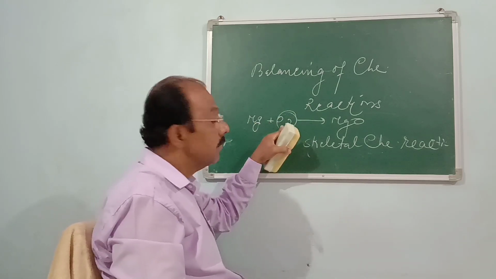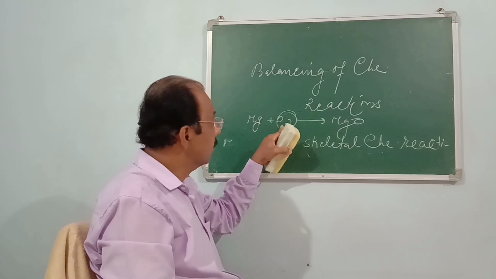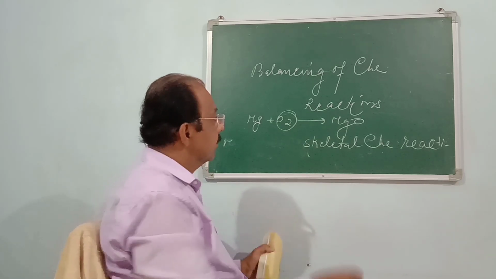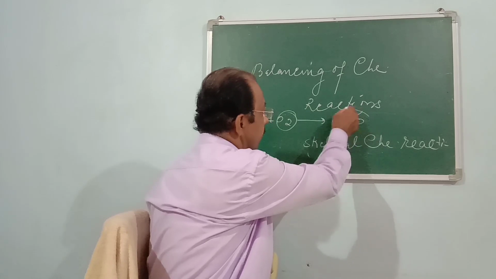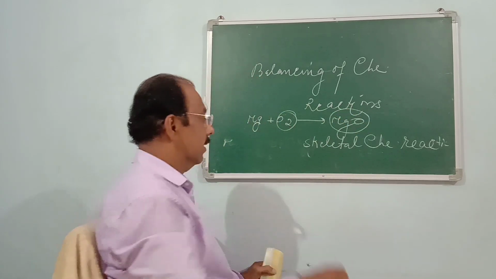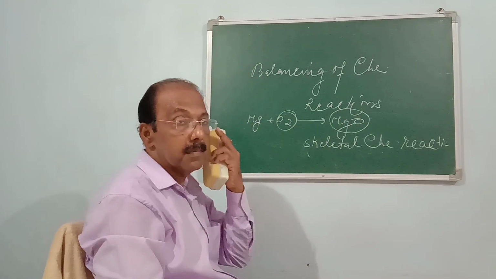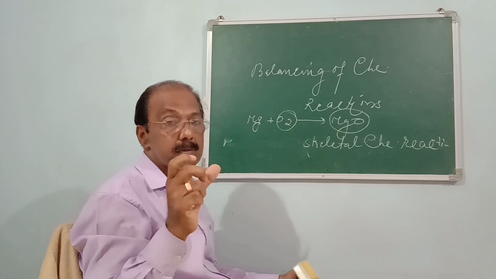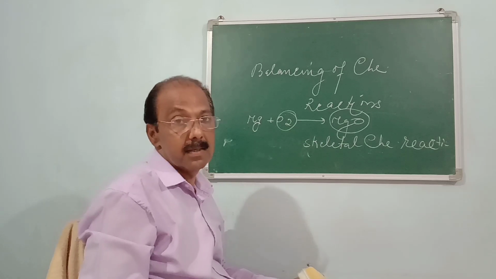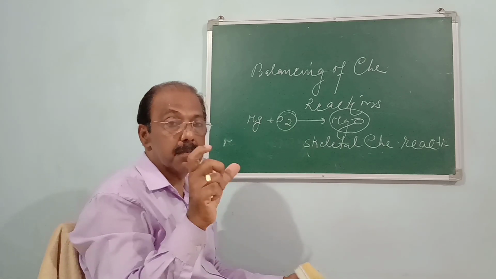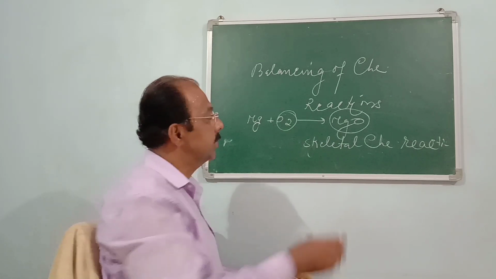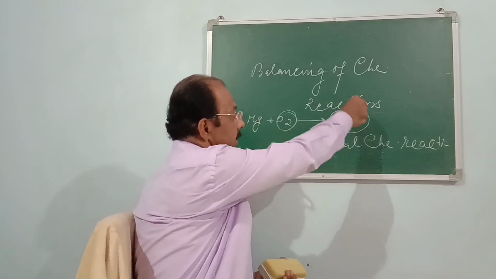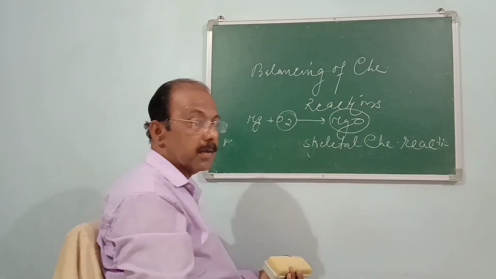So here we go to oxygen for balancing it first. But one thing you notice is that every chemical formula is formed by the combination of atoms in a specific ratio. The atoms react to form a compound in a specific ratio. Therefore, we cannot change the basic chemical formula of a compound.